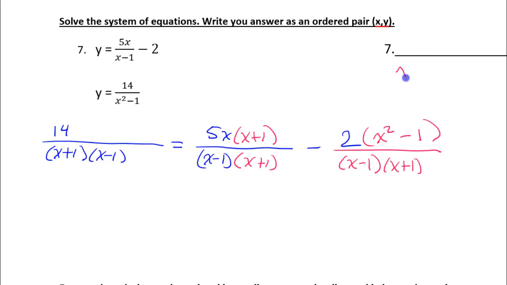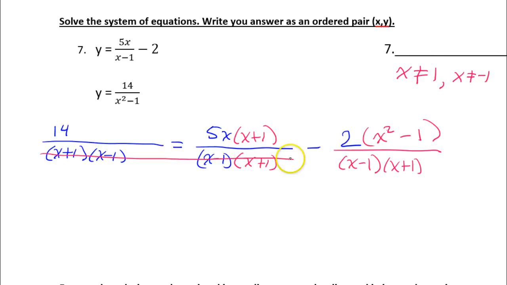I should probably mention my excluded values before I go canceling things out. Looking at these denominators, x cannot equal 1 because of this, and x cannot equal negative 1 because of that. So if either of these show up as an answer, I have to throw it out.